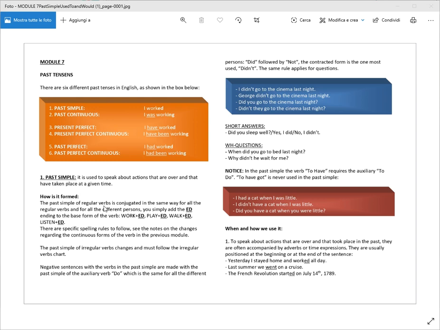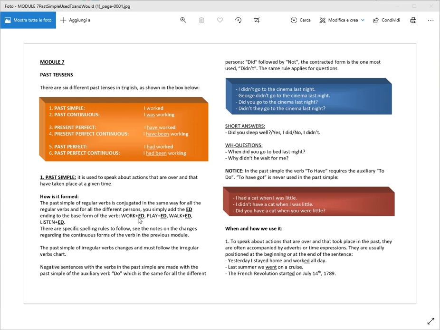For regular verbs, the conjugation does not change from one person to the other. It stays the same. And we simply add the ed ending to the base form of the verb. I have chosen work because it is easy to understand the correct pronunciation.